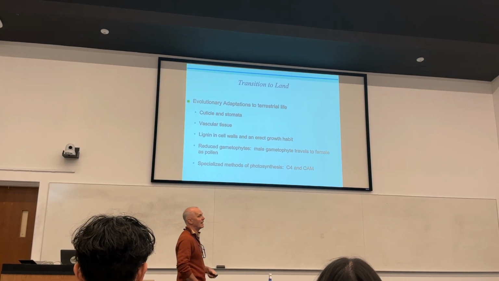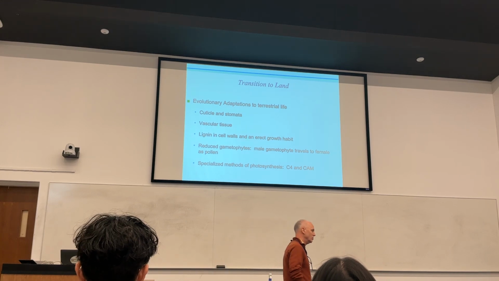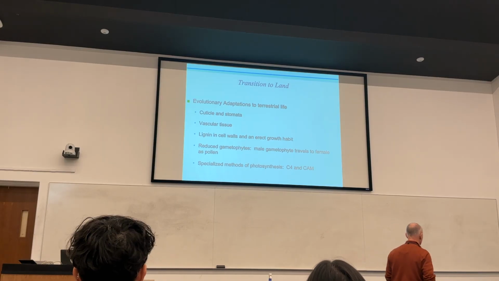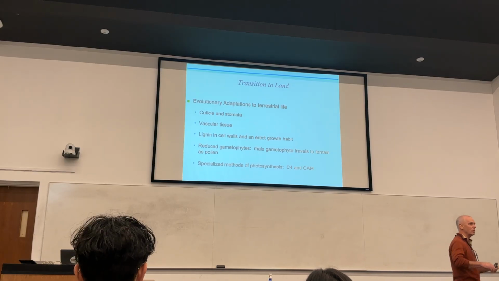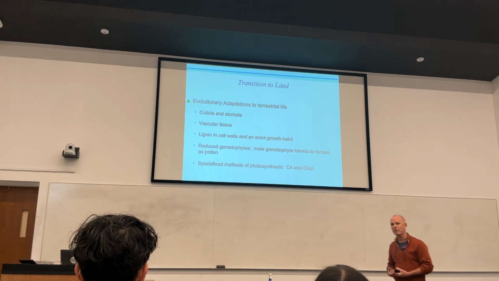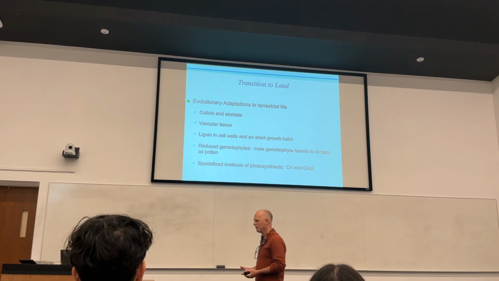So, what are the adaptations then that we see that allowed plants to really get established on land? Well, the cuticle and the stomata. I mentioned this before. The cuticle is a waxy layer that surrounds the plant. That's very important because that's what prevents the plant from drying out. All right?